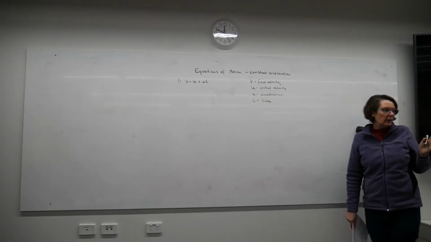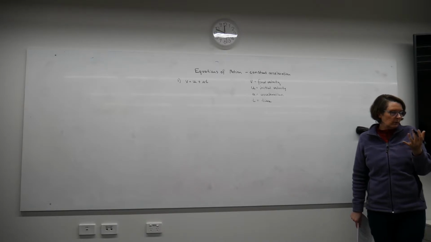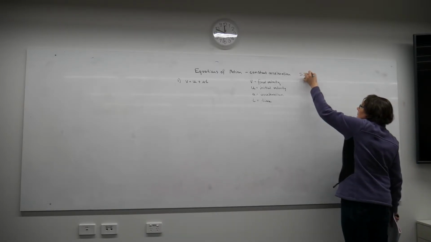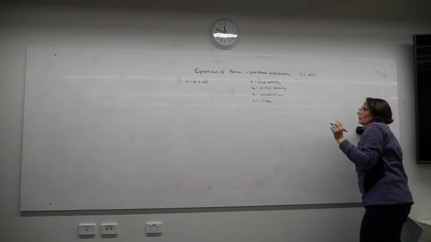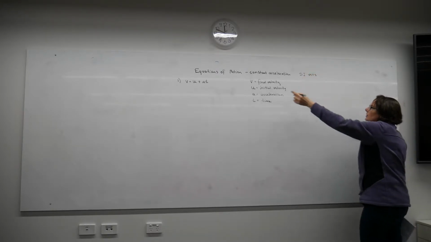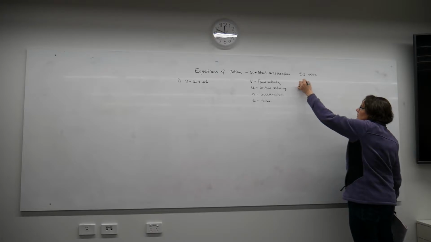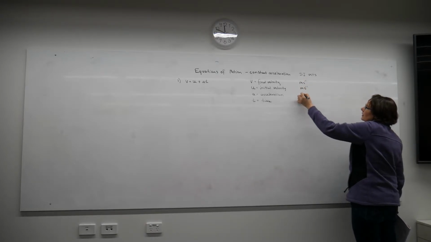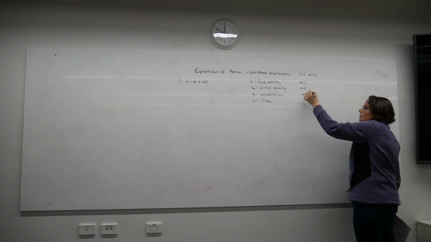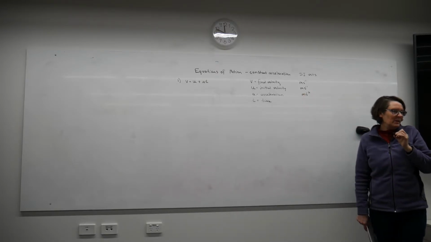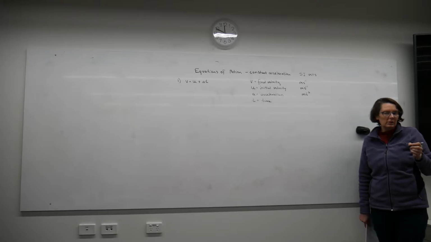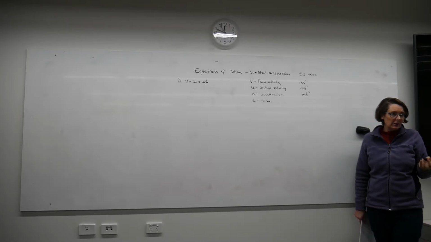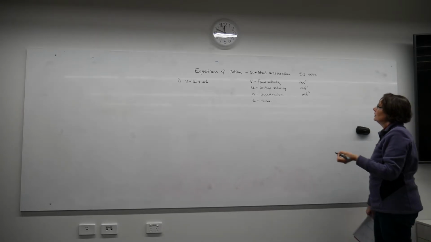To use these equations of motion, we have to use SI units. They won't work otherwise, which means that our velocity is in meters per second. And as we know from last week, acceleration is meters per second squared, and it's really easy to write a 1 there instead of 2 because I did it myself a number of times.